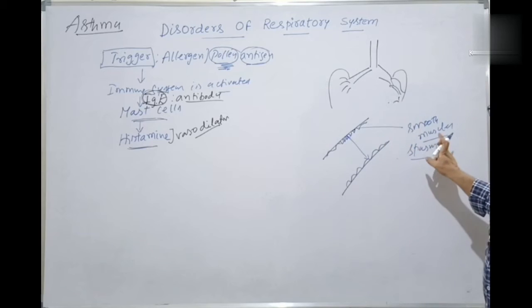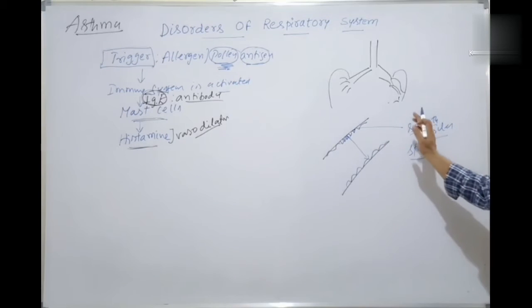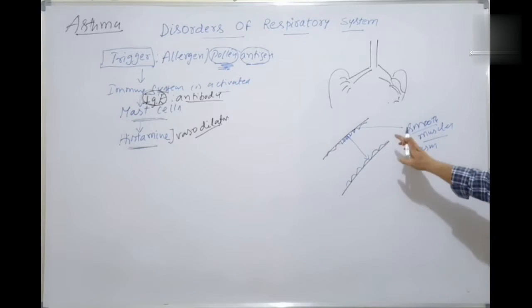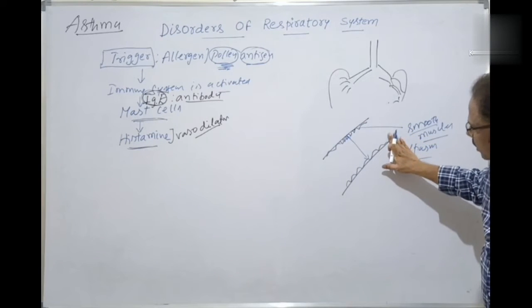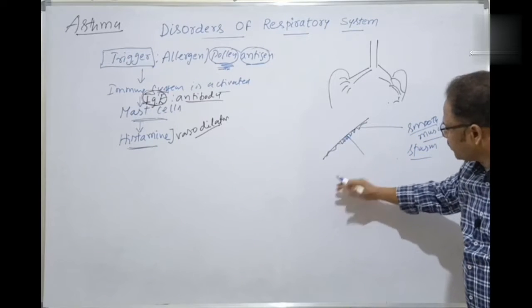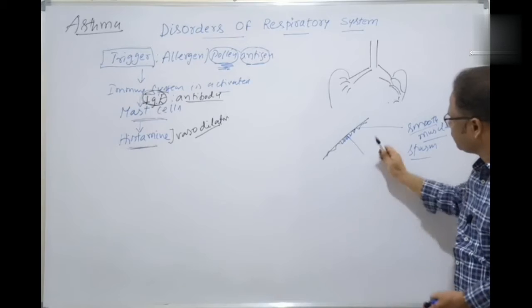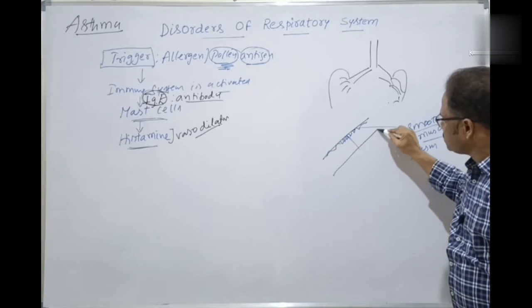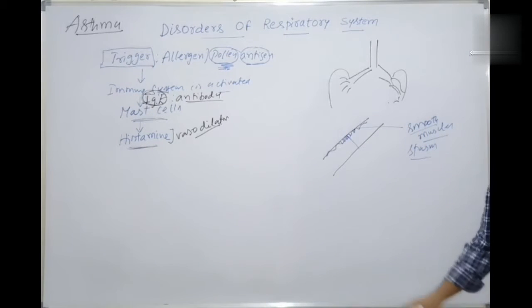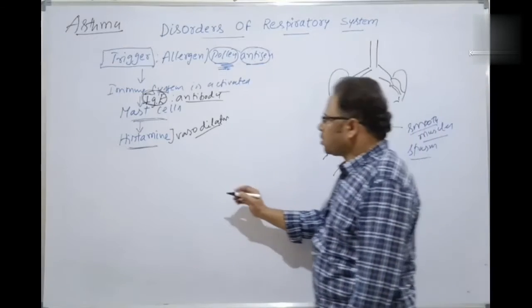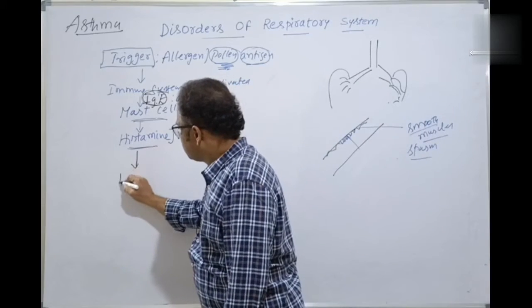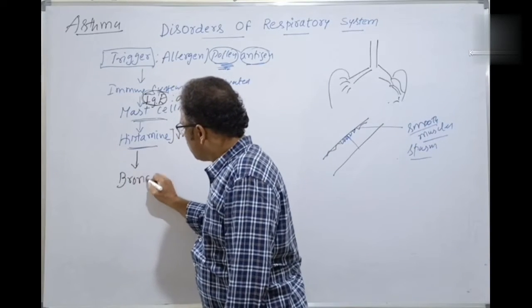Because of the unrestrained, continuous smooth muscle contraction called spasm, this normal diameter becomes like this here. It becomes constricted. This is called bronchoconstriction.